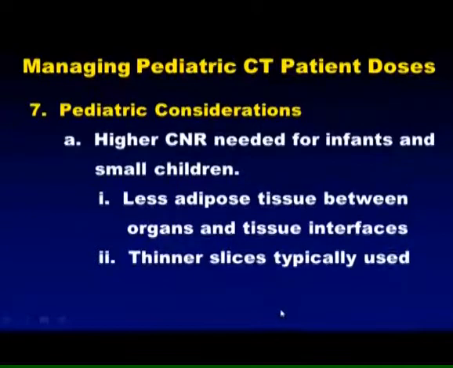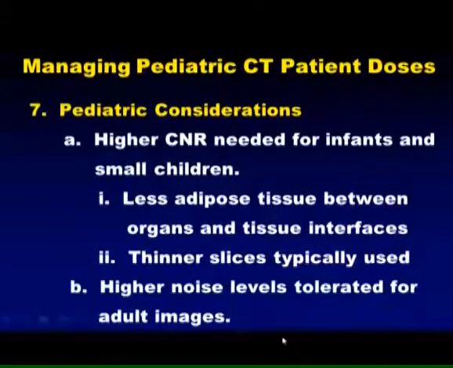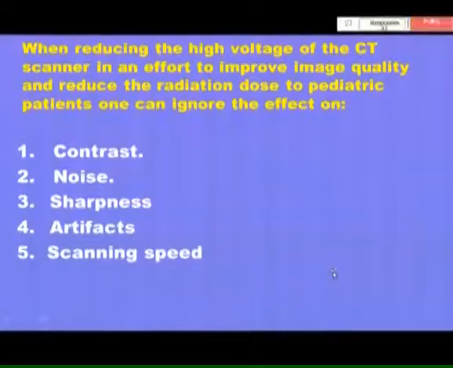I typically use thinner slice thicknesses with kids, which is going to increase the noise in the image. And radiologists will tolerate higher noise levels in adult images than they will in pediatric images, in part because the anatomy in the pediatric image is a lot smaller.